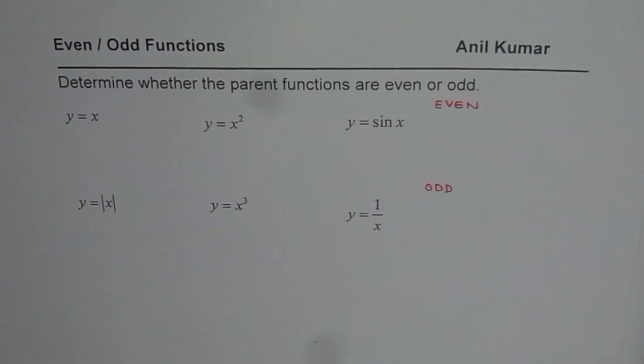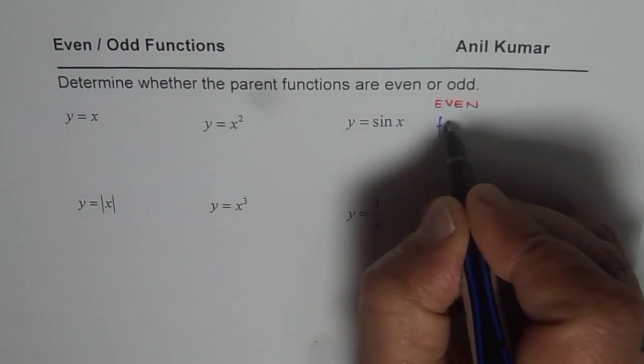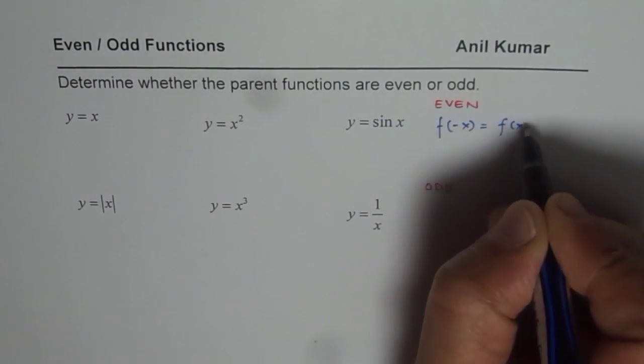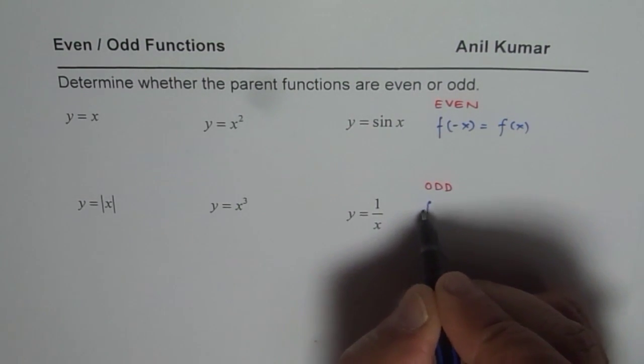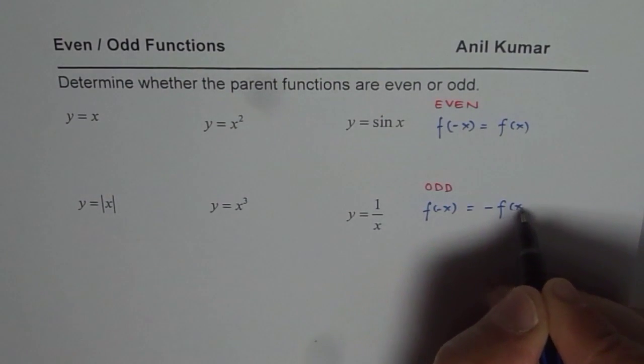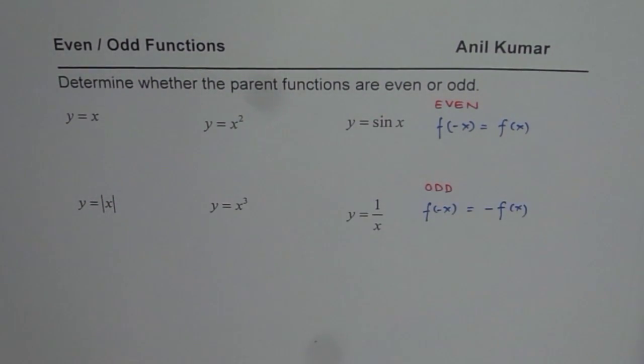Whenever we say that f of minus x is equal to f of x, then it is even. However, if f of minus x is equal to minus of f of x, then it is odd. That is one part.